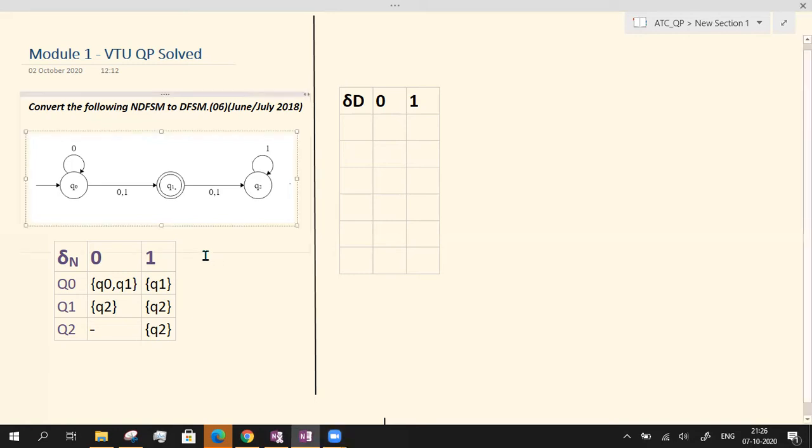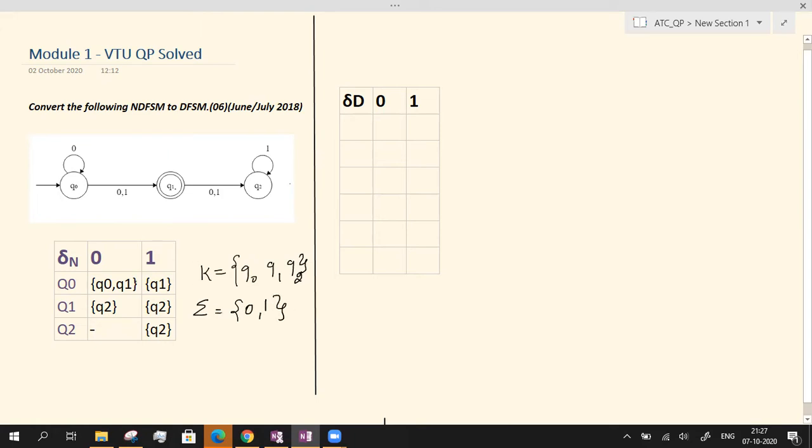So what all can we learn from the transition diagram? From the transition diagram, we know K, the set of states, which is nothing but Q0, Q1, and Q2. Then we know the alphabet sigma, which is equal to 0 and 1.